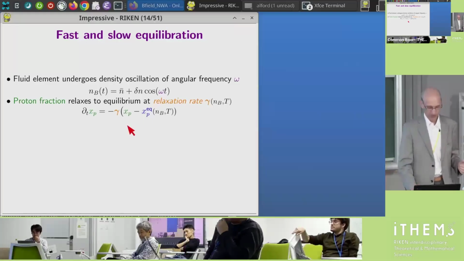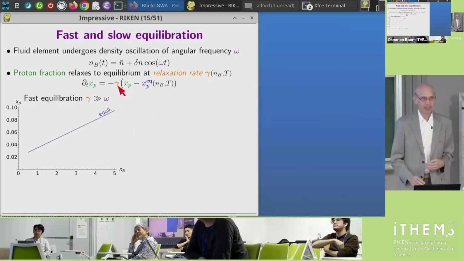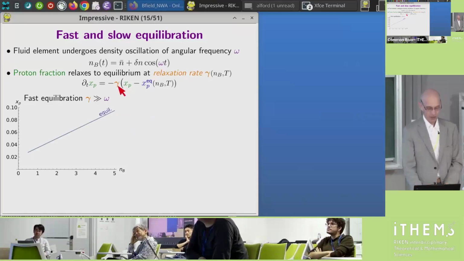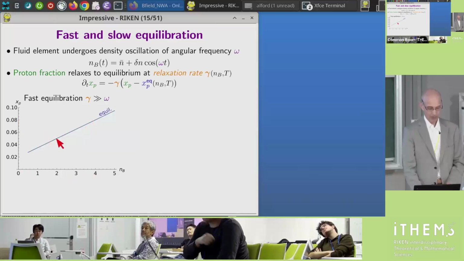So let's look at fast equilibration. Suppose this equilibration rate is rapid compared to the frequency of the applied oscillation. Here is a schematic version of that plot I had before. Baryon density along the bottom, proton fraction up the side. The equilibrium is this blue line.